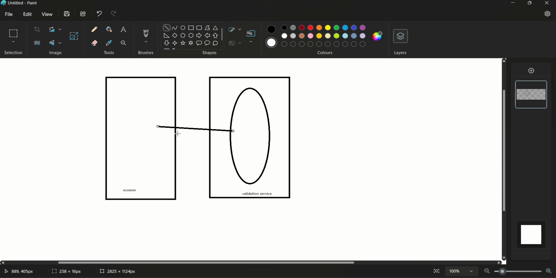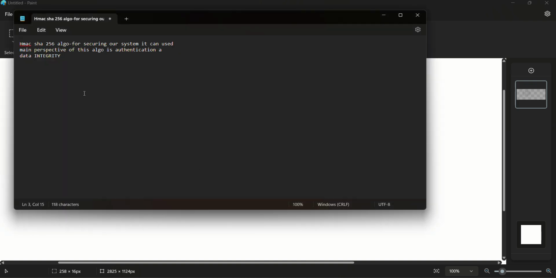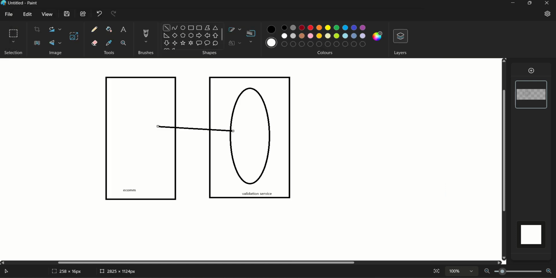For example, a hacker can change the data, so our information becomes meaningless. The HTTP protocol is used to communicate between two systems on top of the TCP layer.